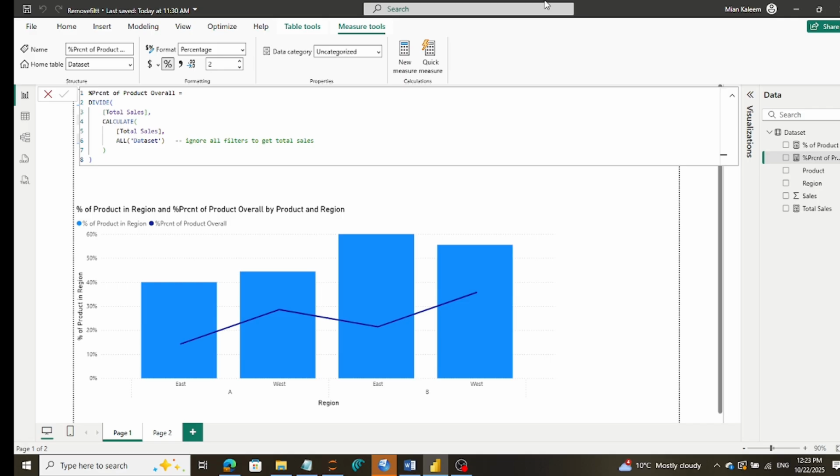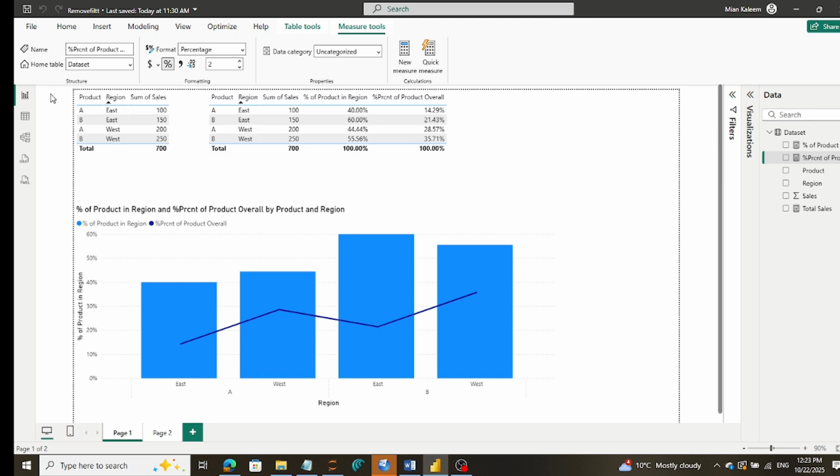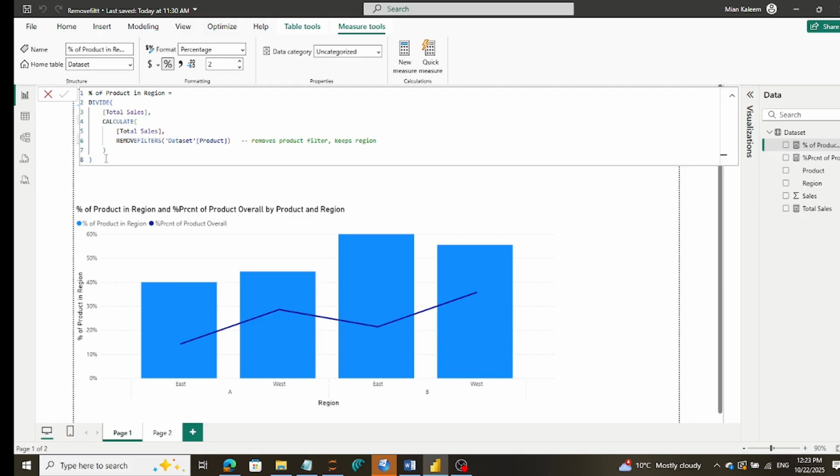ALL is a function that gets the total of all the sales data.